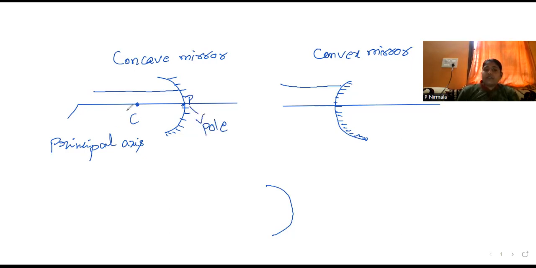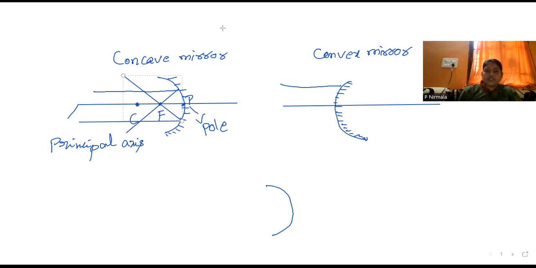Between the center of curvature and the pole we have a focus point. What is the focus point? All the reflections meet at one point. That point is called the focus point. For example, light is incident on this mirror and it reflects, and all the reflections pass through one point. I will draw it now. Look here, this light is incident and it is reflected.